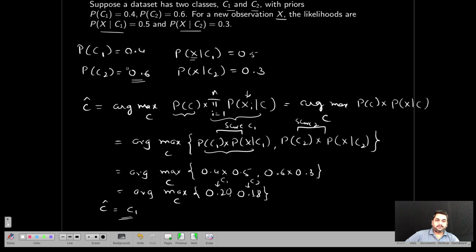But that doesn't mean it will be classified as C2. Based on the evidence I get, I will classify it. A higher prior probability doesn't mean that I will be classifying with that. Based on the likelihood, we calculate the classification.